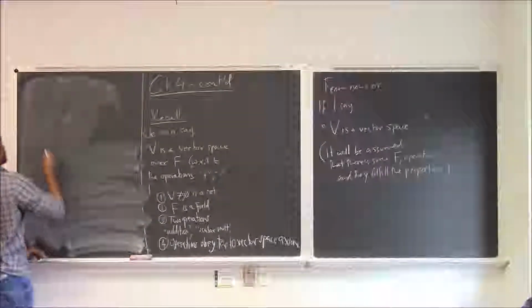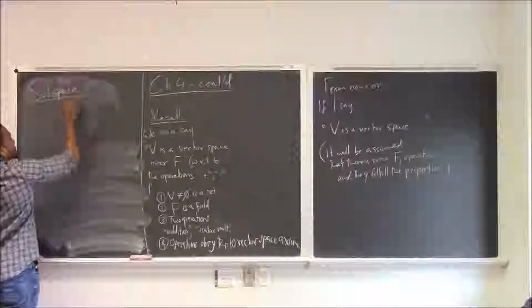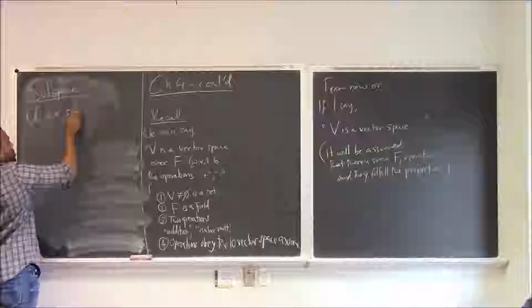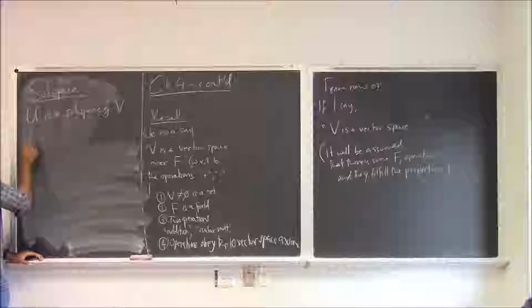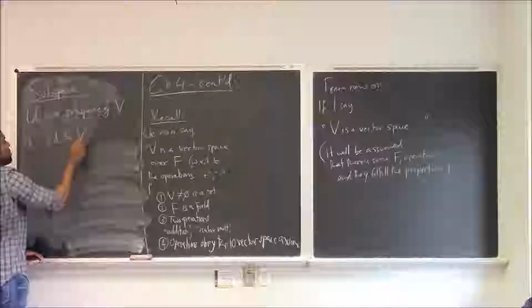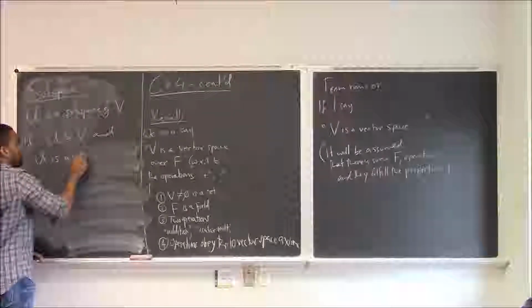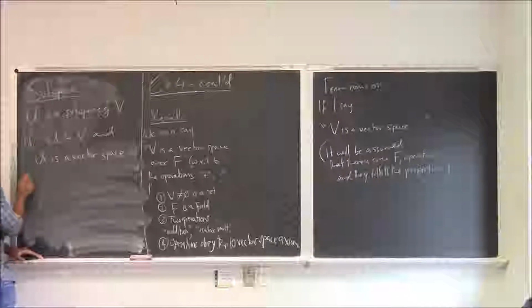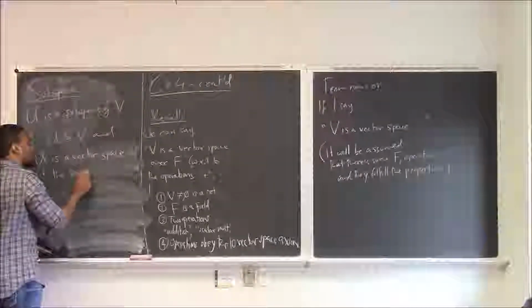We also moved on to the idea of a subspace. U is a subspace of V if U is a subset of V and U is a vector space with respect to the same field and the same operations.